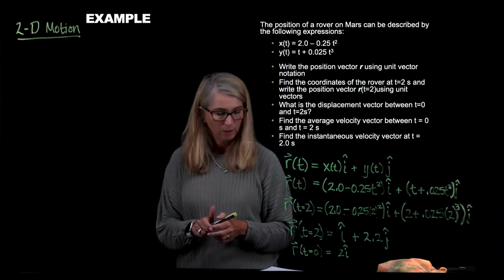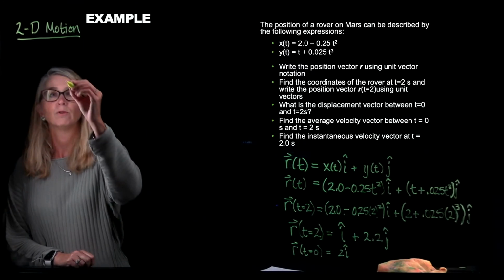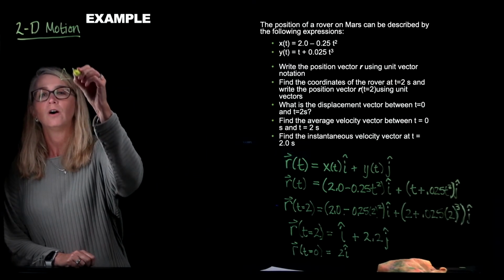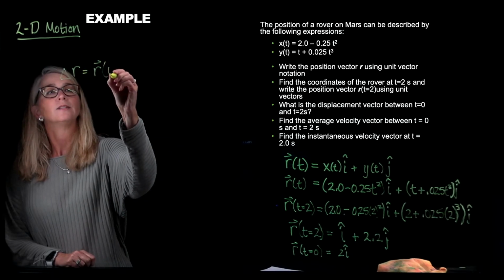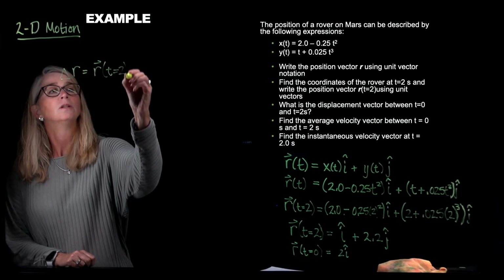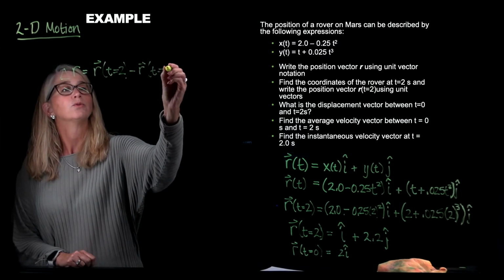And so when I calculate, I'm going to move over here to have more room, the delta r, which is r at t equals 2 minus r at t equals 0.